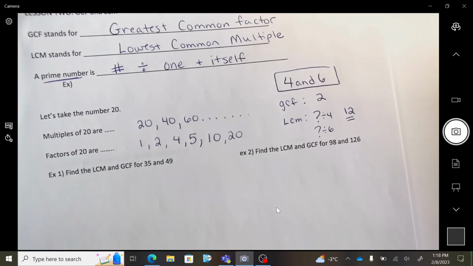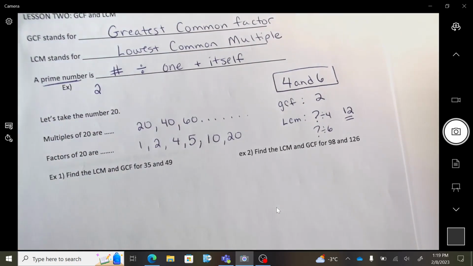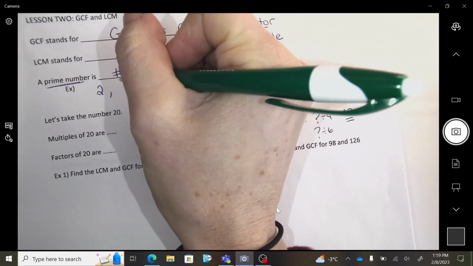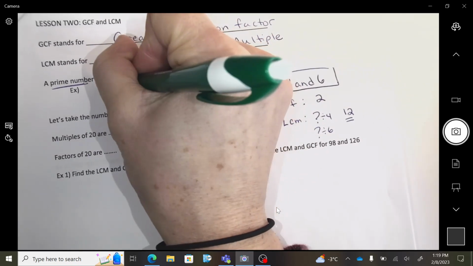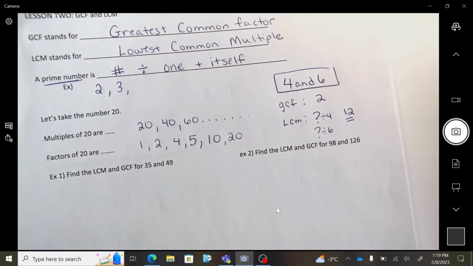Okay, so the very first prime number is 2. Okay, 1 is actually not a prime number. So 2 is the first one. What about 3? Would you think yes or no? Yeah, it's just 3 times 1. There's no other way.